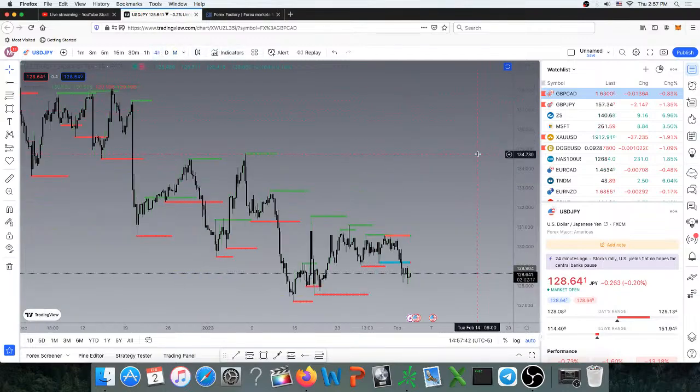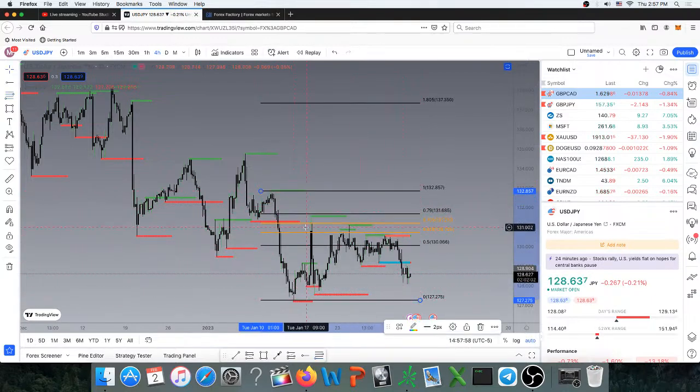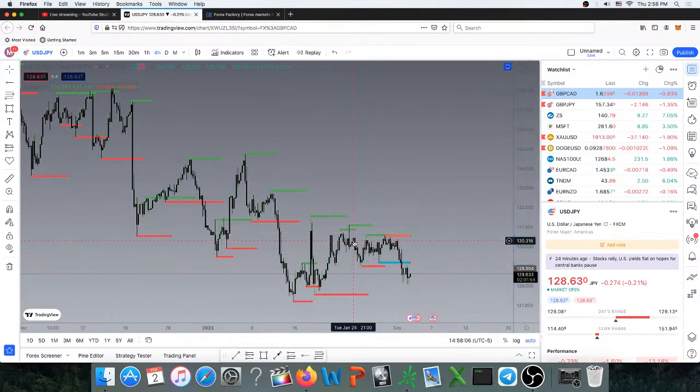Let's look at how this looks. See when our low broke here. Look at the move and see what happened. That was a perfect retrace after we broke the low. So we're waiting for the same thing again. Just broke, right?